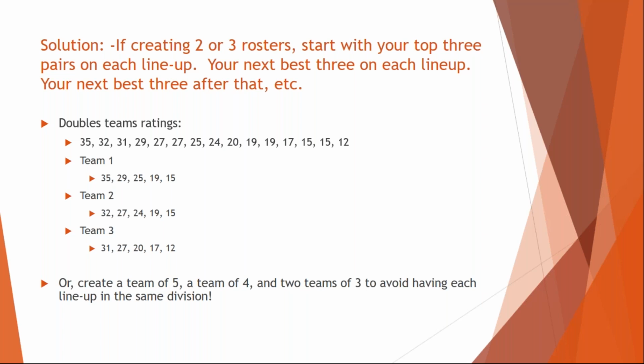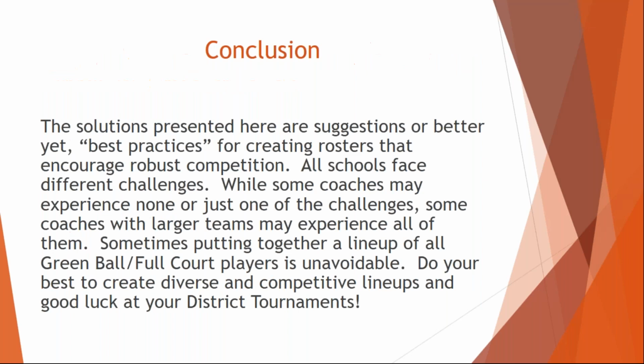So you could create a team of 5, a team of 4, and 2 teams of 3 to avoid having each lineup in the same division. That is definitely allowed. But do try to mix and match those doubles teams so that the ratings are different on each squad.